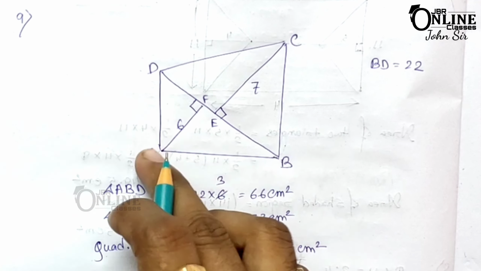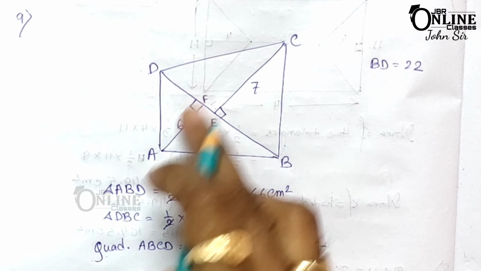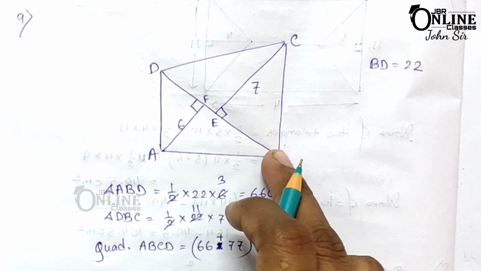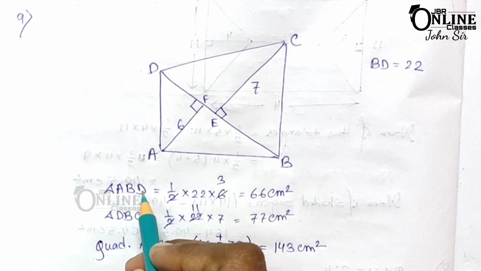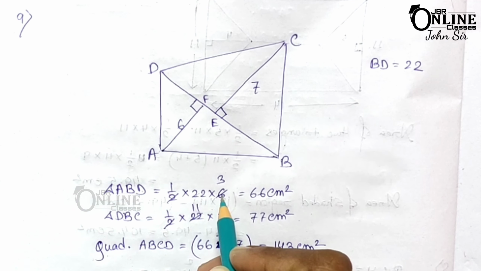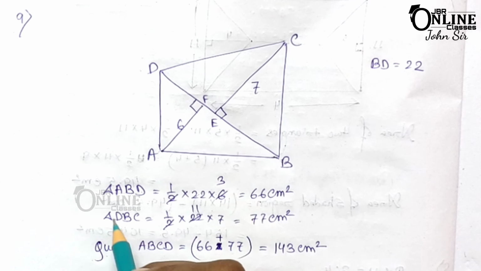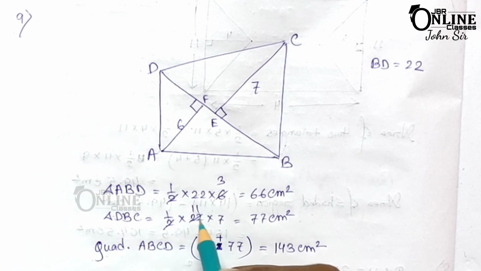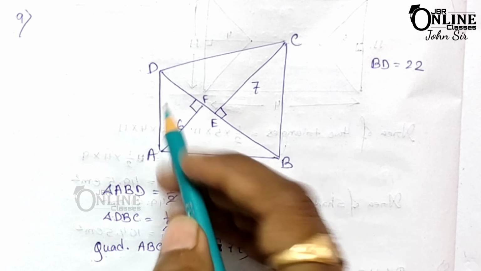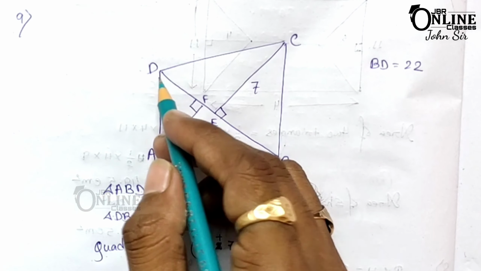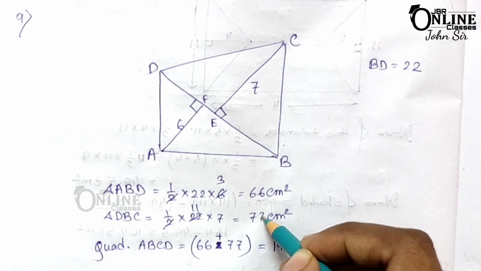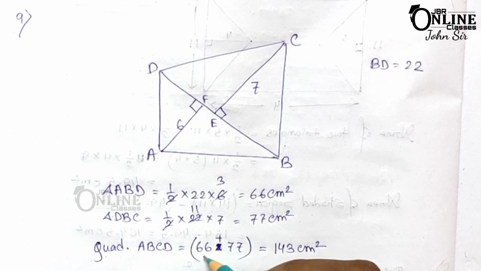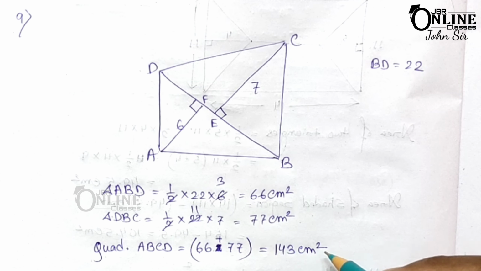In the lower triangle ABD, height equals 6, base equals again 22. So area of ABD equals half into base into height, that becomes 66. Area of DBC equals half into base into height, that equals 77 centimeter square. Now to find the area of the whole quadrilateral, you just add these two areas, so 66 plus 77 equals 143 centimeter square.